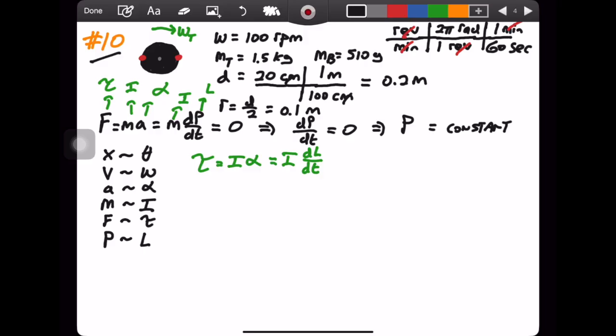And we want to convert that. So there's 1,000 grams in 1 kilogram. So 510 divided by 1,000, we want to make the decimal point go over 3 places. And so that's going to be equal to 0.510 kilograms.